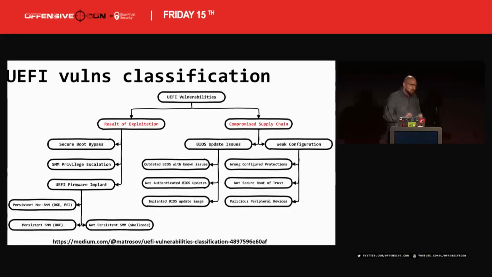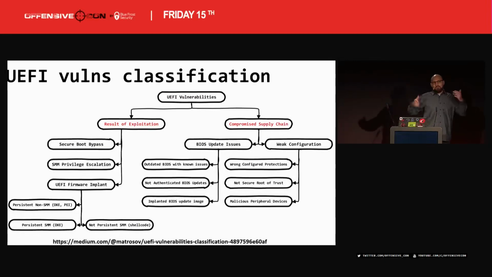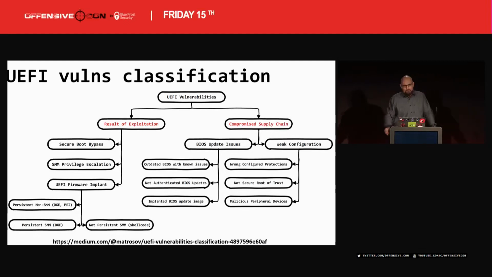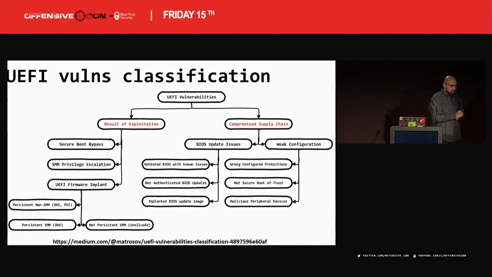I will start with a picture, because people always ask me the question: what is the reason for attacking UEFI firmware? Because you need a lot of levels of bypass. For example, you need an RCE, then privilege escalation, and then you can go from the operating system level to firmware. But look at this classification, which I recently released in my blog post.